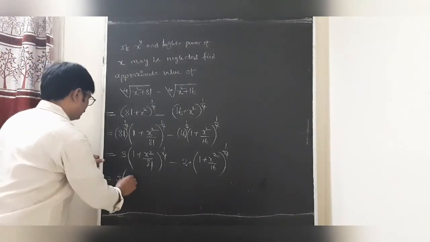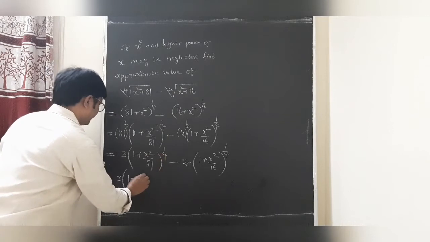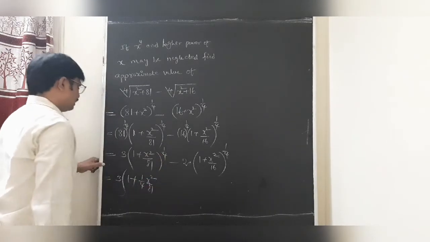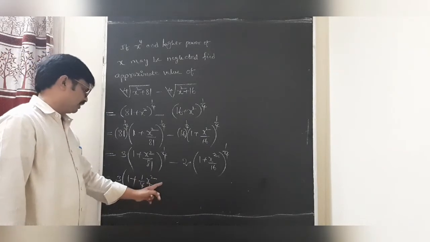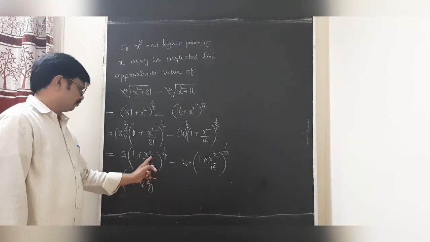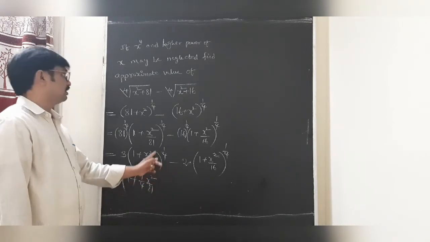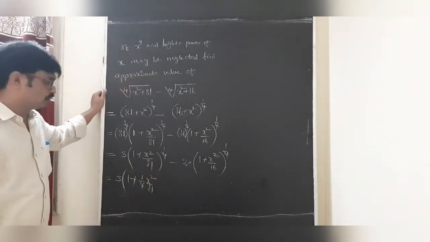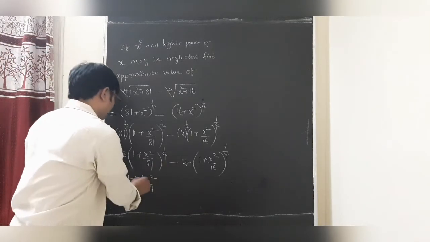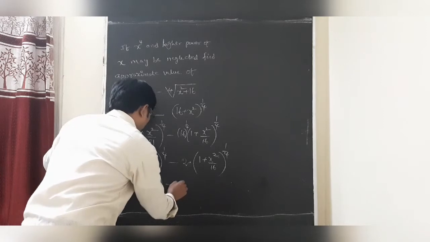So first you can write 1 + nx, that is 1 + (1/4)(x²/81). After that, n(n - 1)/(1·2) (x²/81)², that is x power 4, so we can neglect the x power 4. So this is 1 + nx.